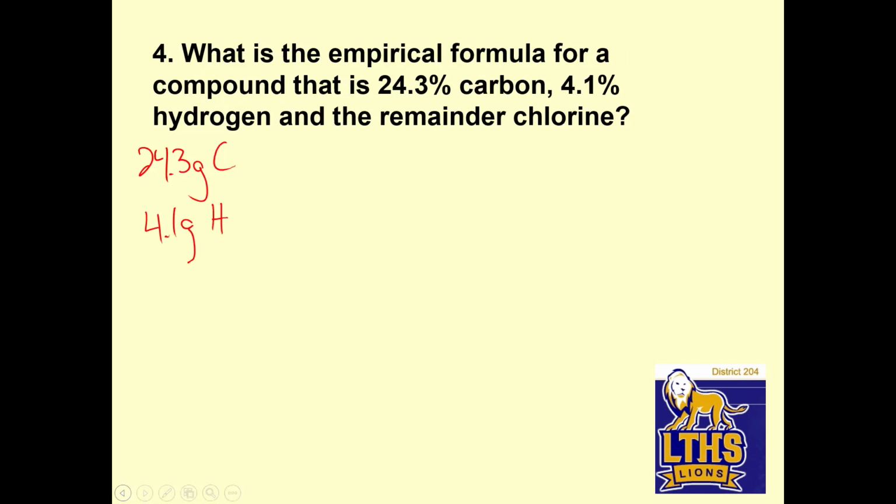So let's figure out what that would be. 100 minus 24.3 minus 4.1 is 71.6. The way I got this was there's 100% total.